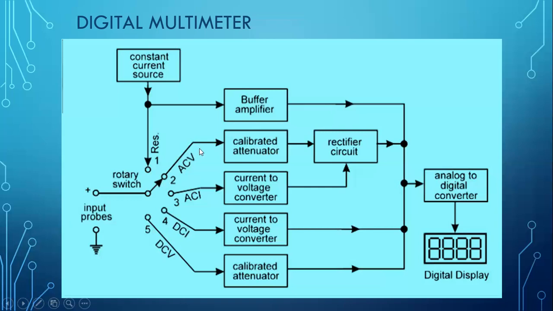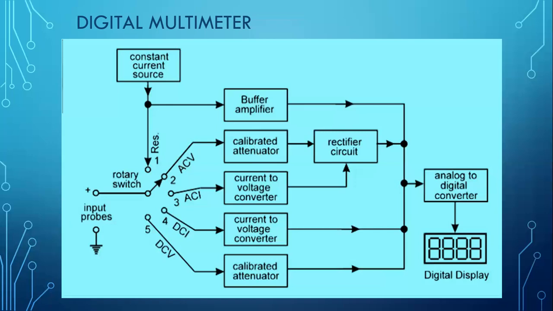The AC voltage then gets applied to the calibrated attenuator. Now, what do you mean by the calibrated attenuator? The calibrated attenuator is nothing but the circuit which reduces the amplitude of the signal as per our requirement or as per the scale.